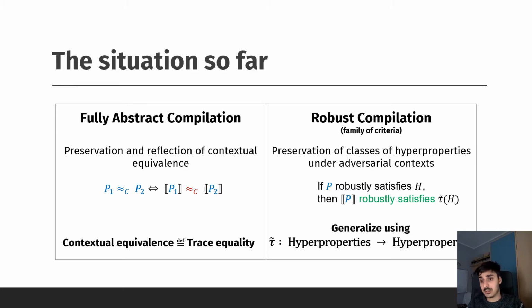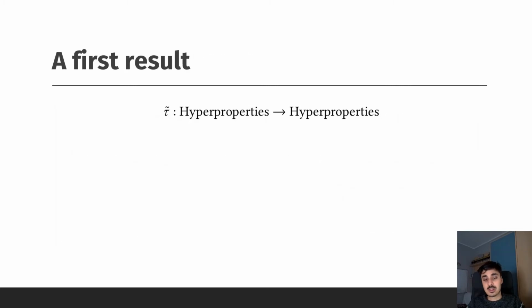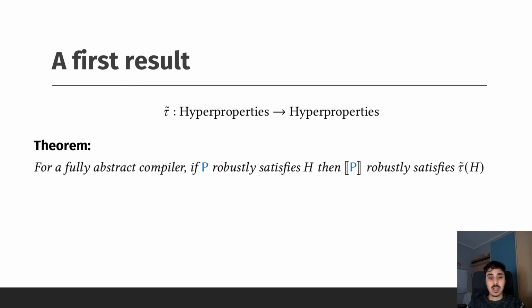We are now ready to state our preliminary results. The first result is quite interesting. It is possible to prove that a given fully abstract compiler is always, in some sense, a robust compiler.